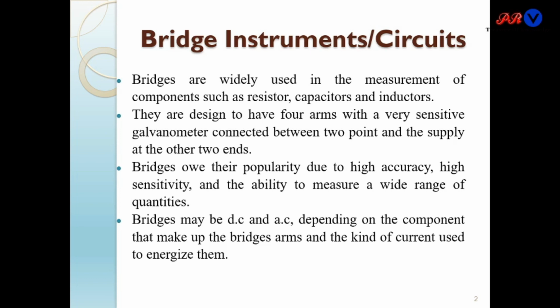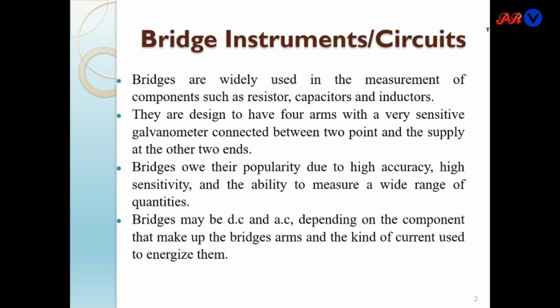Third, bridges owe their popularity to high accuracy, high sensitivity and the ability to measure a wide range of quantities. And the last point, bridges may be DC and AC depending on the components that make up the bridge arms and the kind of current used to energize them.